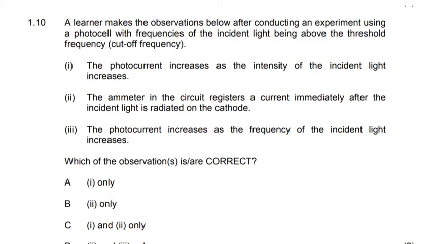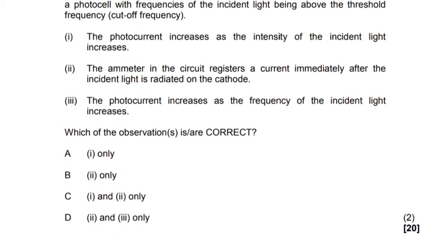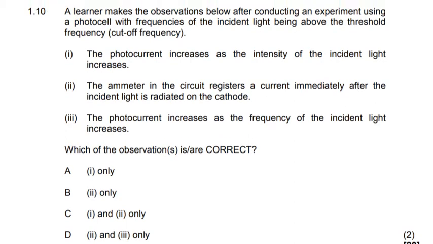A learner makes observations below after conducting an experiment using a photocell, with frequencies of incident light being above the threshold frequency, or what we sometimes call the cutoff frequency. These were the observations he made.